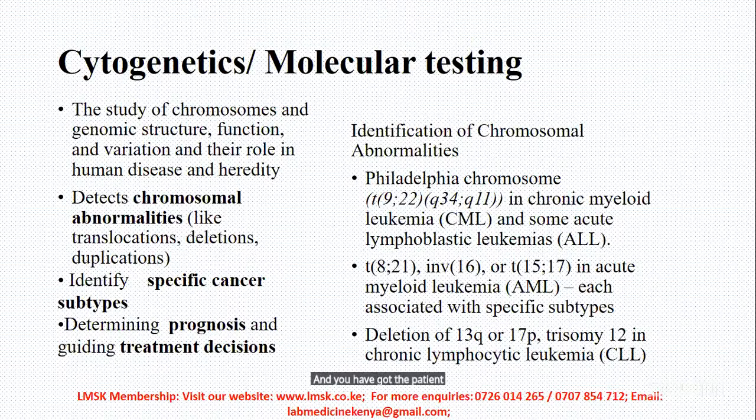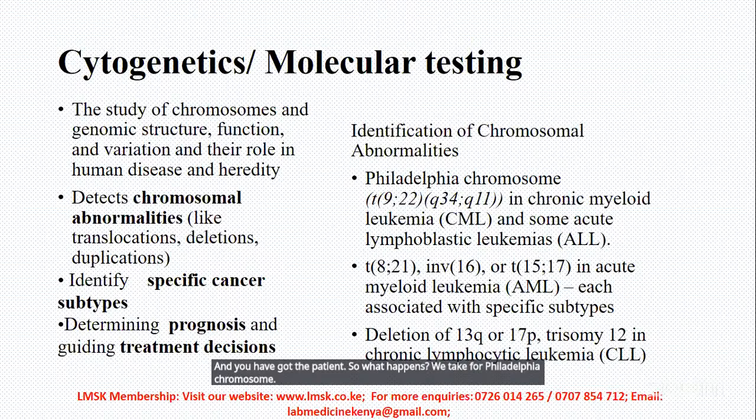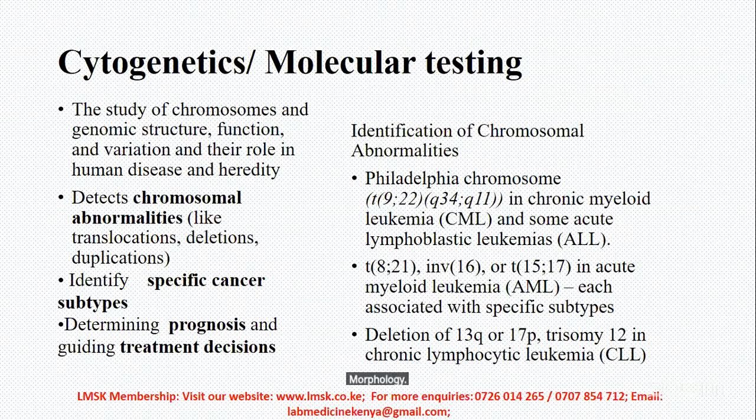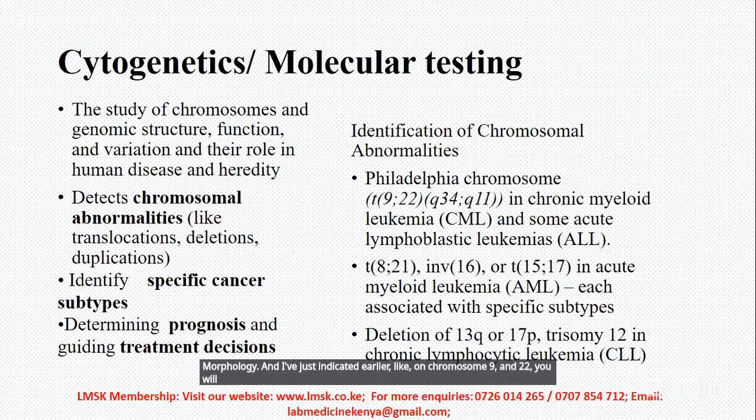So what happens? We'll check for Philadelphia chromosome where there is translocation, and also you will find that this patient has a lot of issues with their either long arm or short arm chromosomal morphology. And I've just indicated here, like on chromosome 9 and 22, you will find that there's translocation of something.